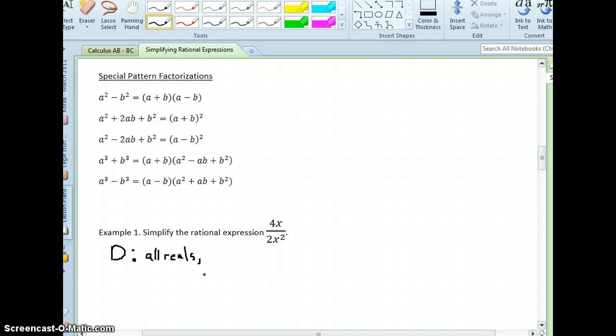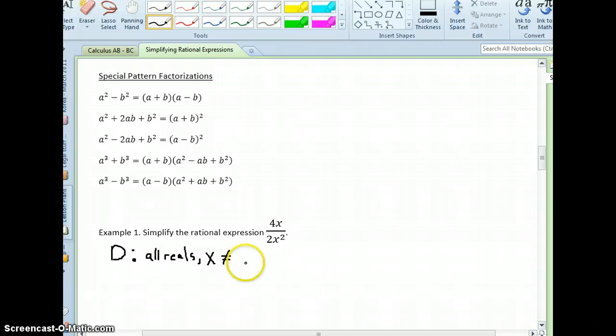Because with rational expressions, we use sort of a backdoor approach by stating the values that are excluded. That's why I have to go ahead and state that I do start off with all real numbers, and then I'll find out the values that I get to leave out. Alright, so here's my setup for my domain.